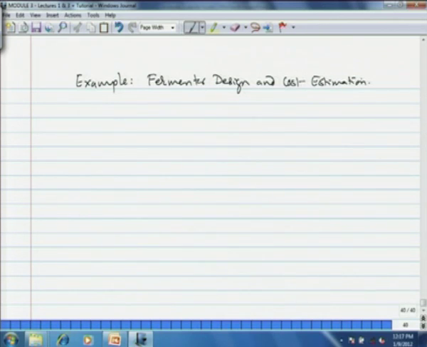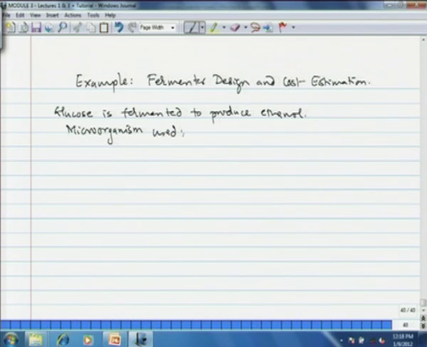I will first give the problem statement. Glucose is fermented to produce ethanol. The microorganism used is Saccharomyces cerevisiae.